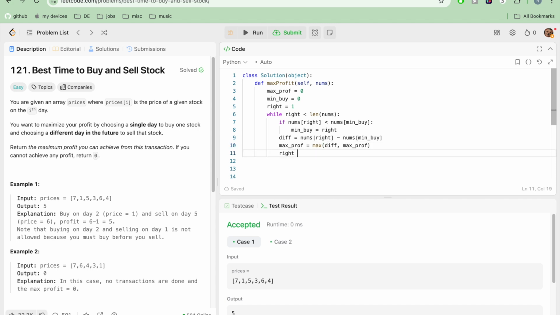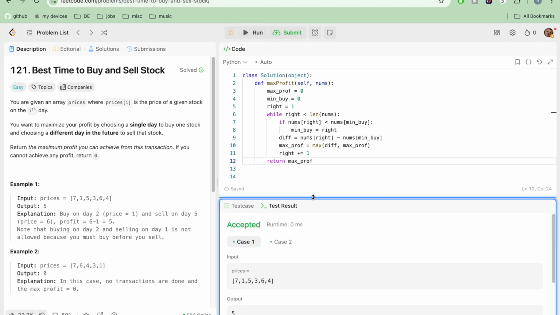And we are increasing the right index towards the right direction. All right, let's return the value and see if it is running or not.